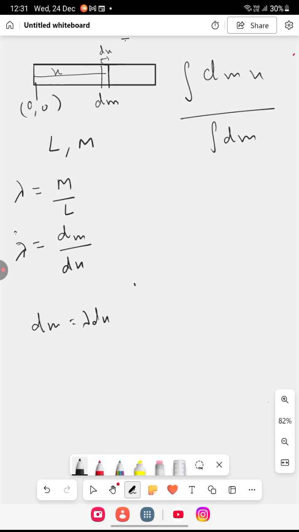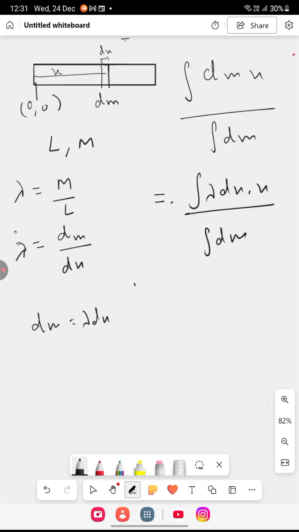So putting the value of dm in the formula, we can write integral of lambda dx times x upon integral of dm.